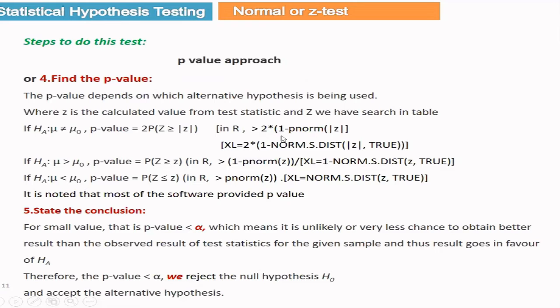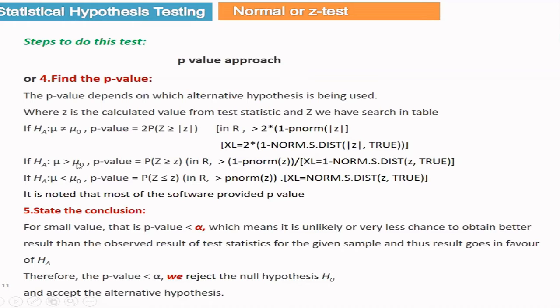In Excel, the p-value is 2 multiplied by 1 minus NORM.S.DIST of the value of z, with true. I'll show how to do it easily in Excel. Also from the table you can easily find the p-value for the z test.